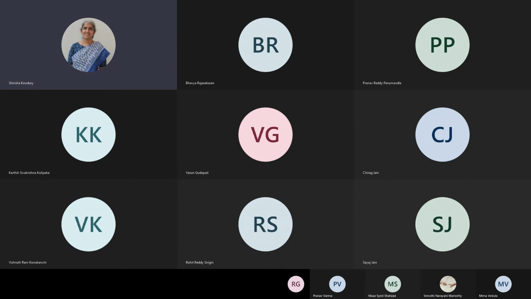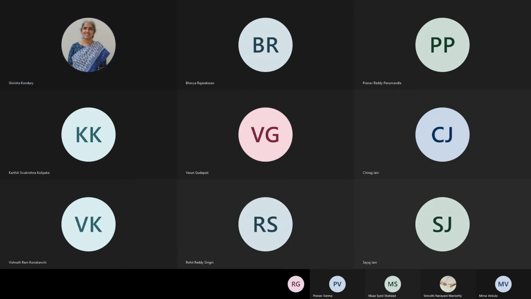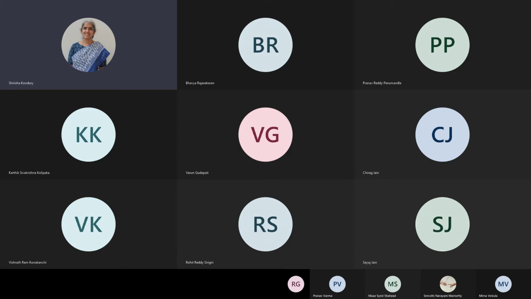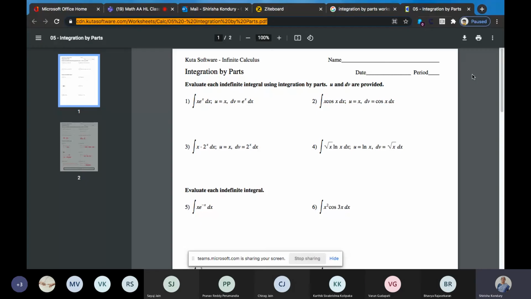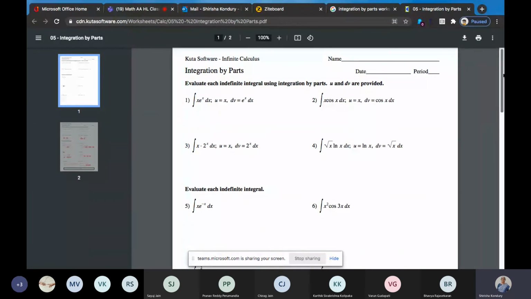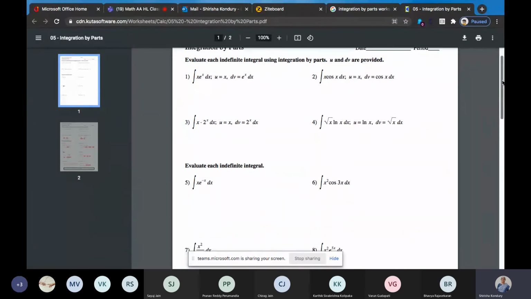Some of these questions we have already done. So look at the ones we have not done and just try. I've shared one on the chat screen just to give a little practice of whatever we have learned today. Look at the sheet, we have done x e raised to x, we have done x cos x. Maybe try with the fourth question.